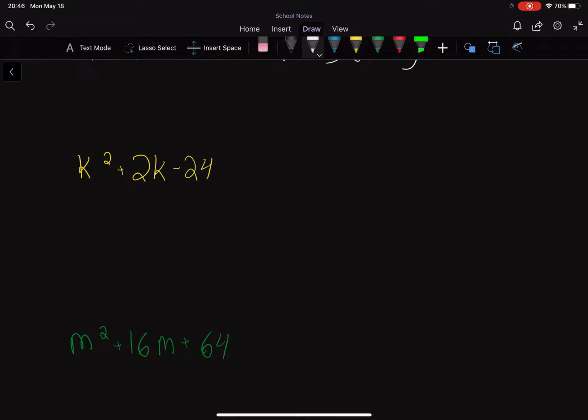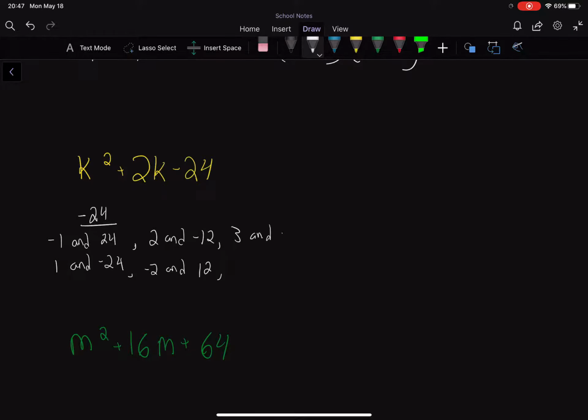So again, factors of negative 24: negative 1 and 24, 1 and negative 24, 2 and negative 12, negative 2 and positive 12, 3 and negative 8, negative 3 and positive 8, 4 and negative 6, negative 4 and positive 6.